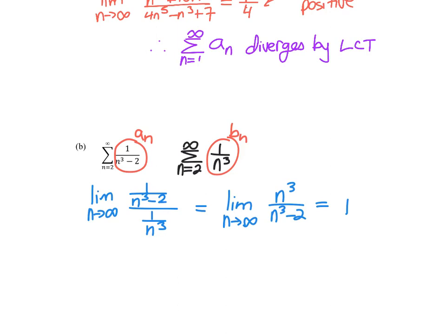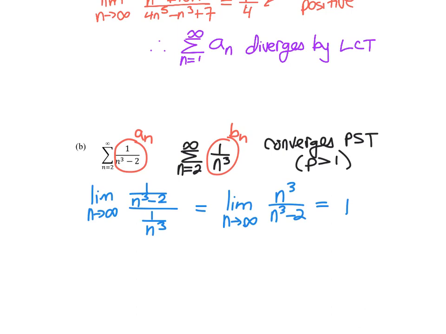All right, so b sub n, what's going to happen there? 1 over n to the third. Is that going to converge or diverge? Converges by the p-series test, and that's because p is greater than 1.